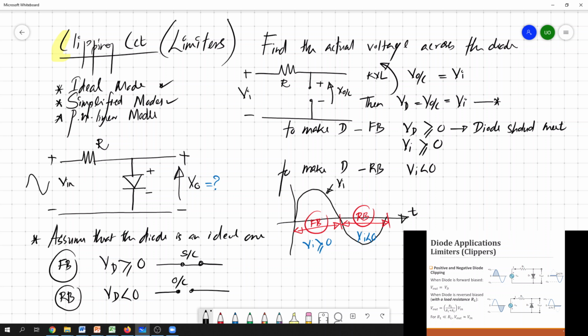Then we can analyze the circuit for the forward bias condition and for the reverse bias condition. For the forward bias condition, we know that the diode can be replaced using a short circuit element. So then this circuit becomes like this.